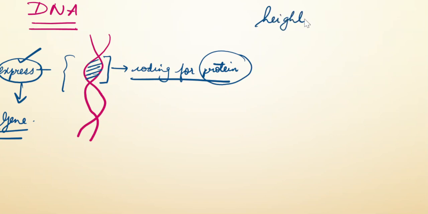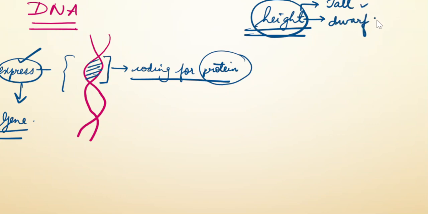Now suppose I am speaking about a gene for height. It will express as either tall height or dwarf height. So there will be a possibility of tallness in the organism, or a possibility of dwarfness.